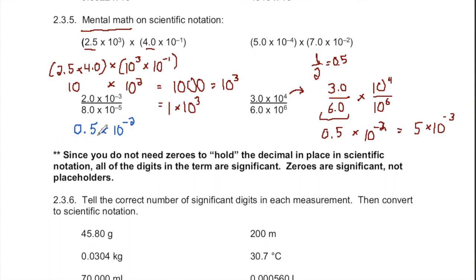So 0.5 in scientific notation is 5 times 10 to the negative 1. That would be the correct way to write 0.5 in scientific notation. And then when we carry down the 10 to the negative 2, that gives us 5 times 10 to the negative 3. So that is how I got this result over here.